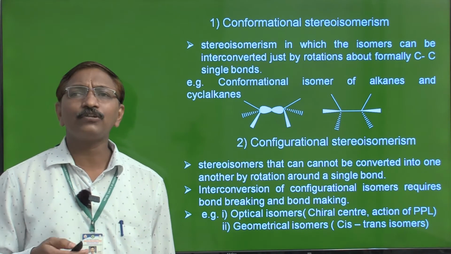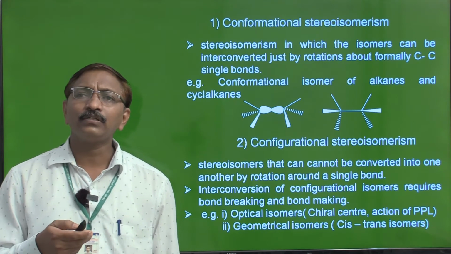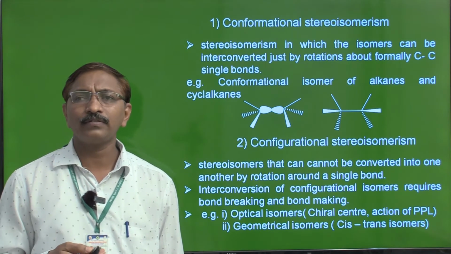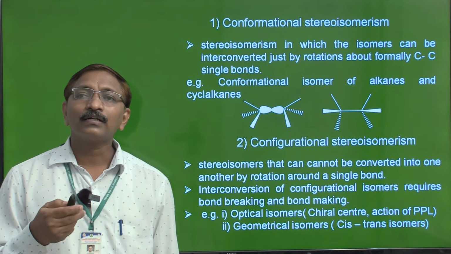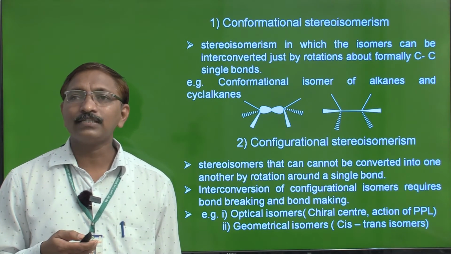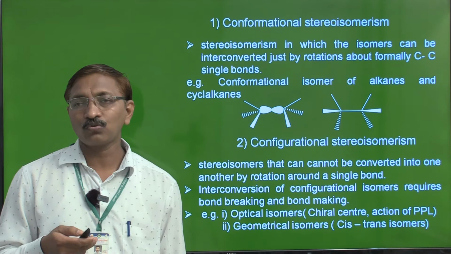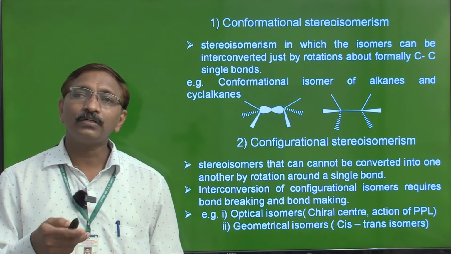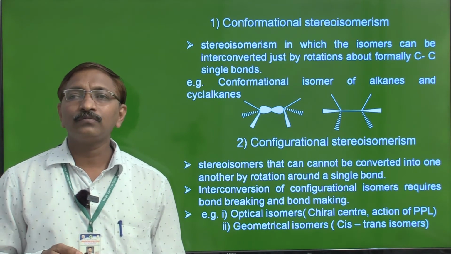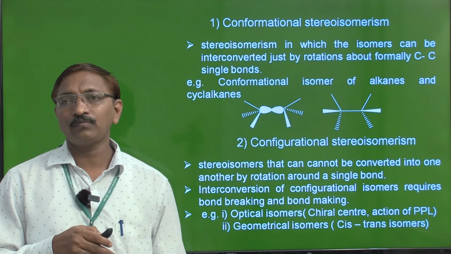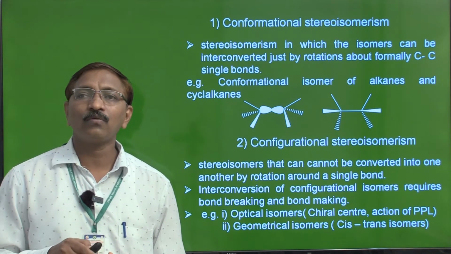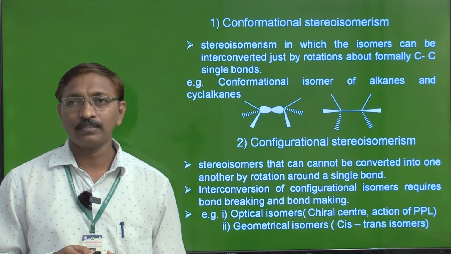In optical stereoisomerism, we have seen the optical activity of molecules, which is based on the chiral center of the molecule and the rotation of plane polarized light. On the basis of plane polarized light, the optical activity of the molecule is observed using the polarimeter instrument.